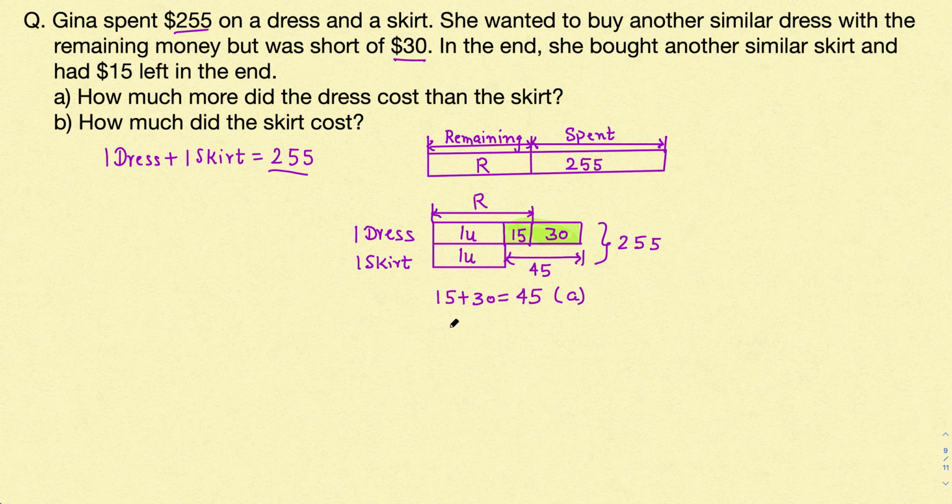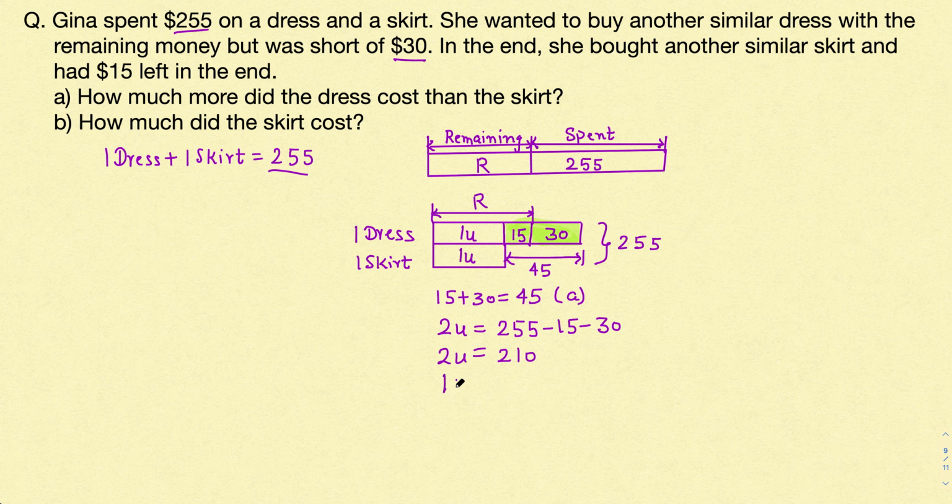So let's do that. Our 2 units should be equal to 255 minus 15 minus 30, or you could have also written directly minus 45 because we have already got it here. So that will give you 210. Okay, so our 2 units is 210.